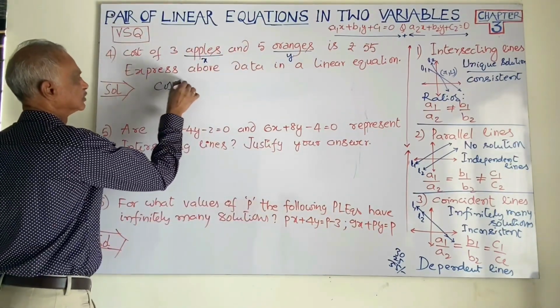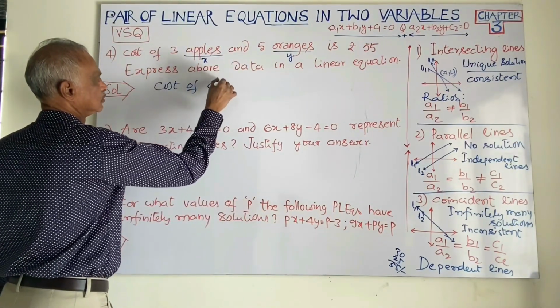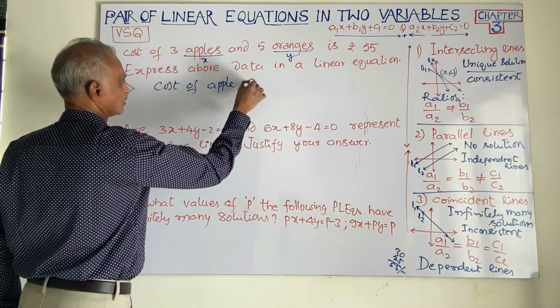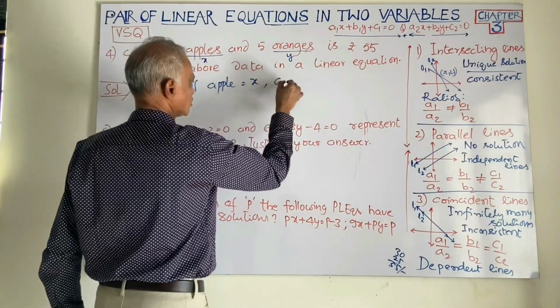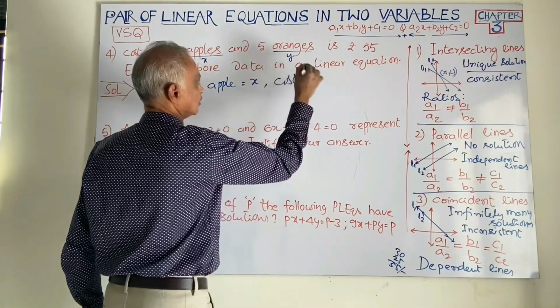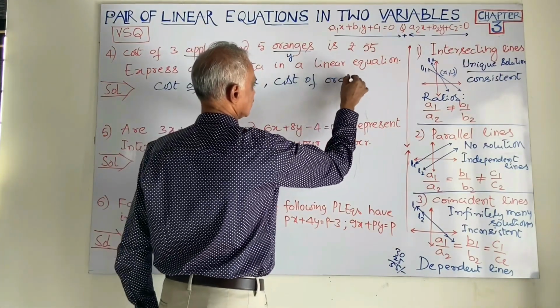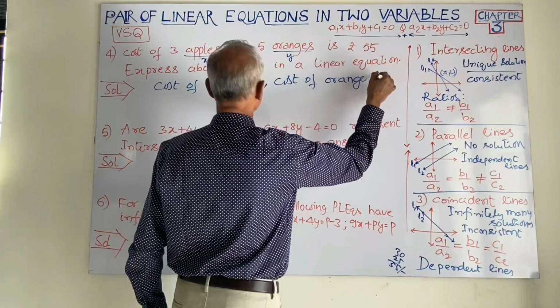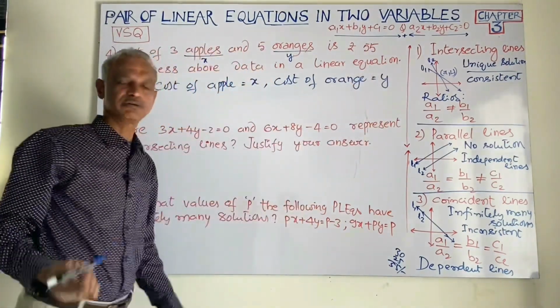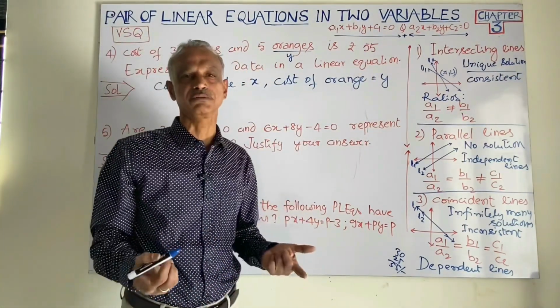Cost of apple is equal to x and cost of orange is equal to y. Now we have to write a linear equation in 2 variables.